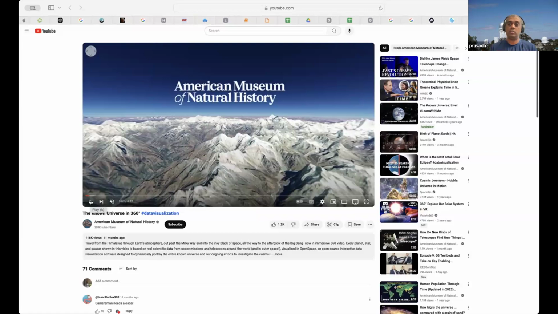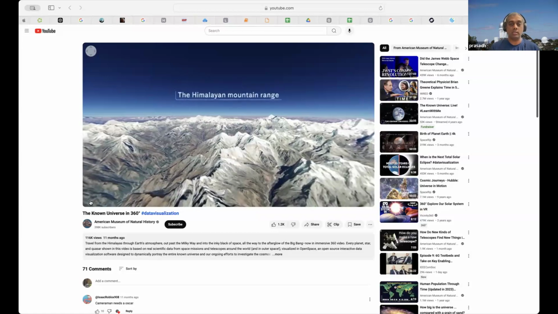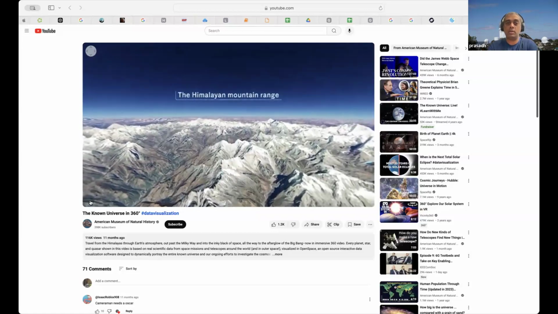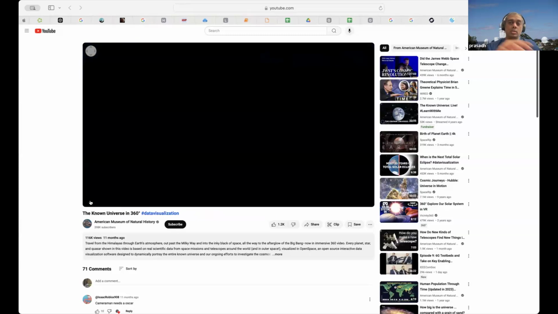The advantage is that once you understand it, it will be much easier for you to understand these different methods for measuring distances and why we are using those distances, right? Now, starting from the Himalayan mountain range, all of you know about that. Once you zoom out from it.